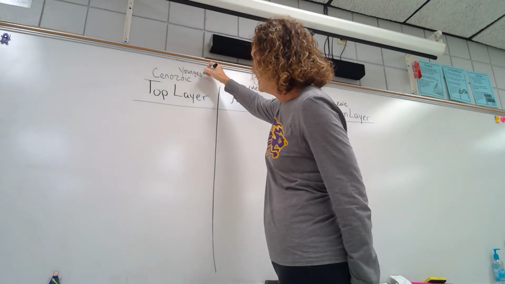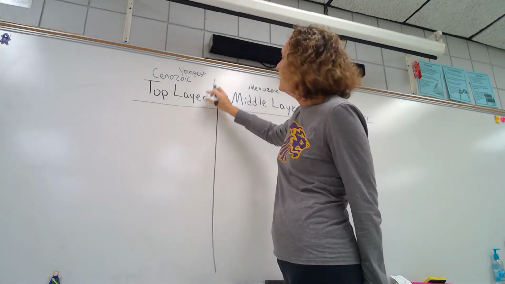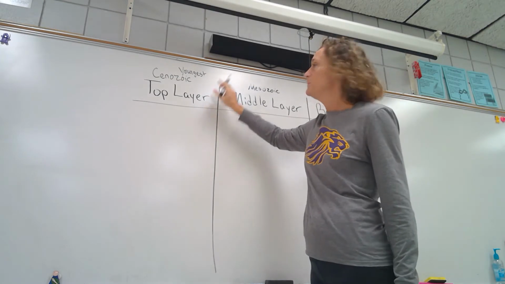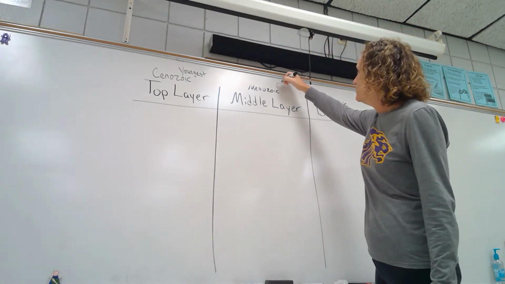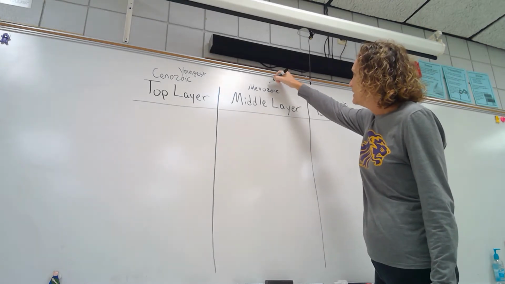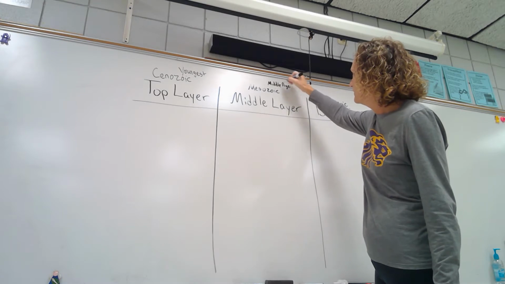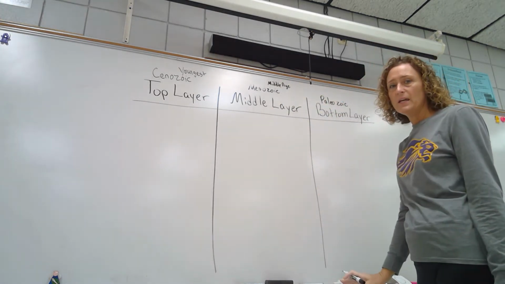So if you want to write, you don't have to write Cenozoic, but if you want to write youngest to help you remember, and write top layer on your paper, and then you can make your T-chart, and your middle layer would be kind of the middle age. And then do another line down on your paper.